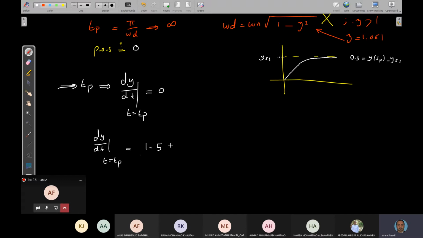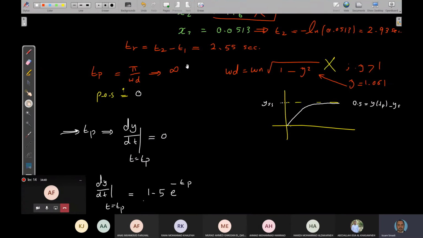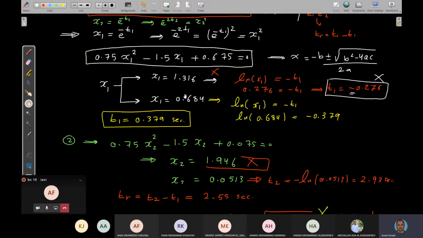1.5 exponential of minus TP, or this one, I think 0.75, correct? I need to differentiate this one. This 2, so yes, it will be 1.5. That's correct. So it will be 1.5 exponential of minus 2 TB here.